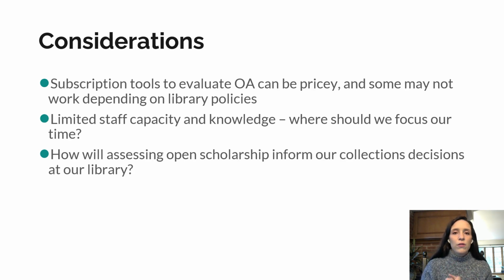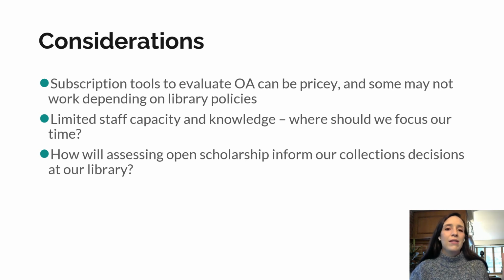So subscription tools to evaluate OA can be pricey, and some might not work depending on your library policies. We had looked into using this proxy service to get this information of where our researchers were coming from and what type of content they were accessing. And because of the way our system was set up, it ended up not working for us.